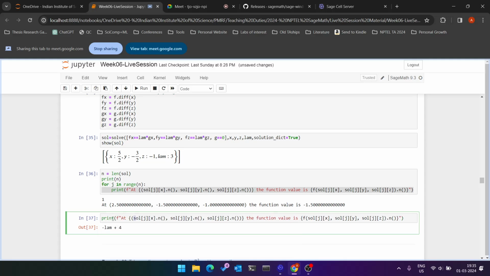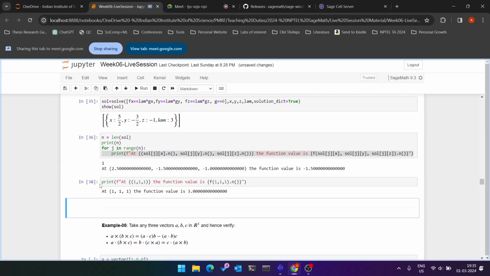I could give any other point. So 1, 1, 1, and ask it to calculate the function at the same point. Play around with the values a bit.